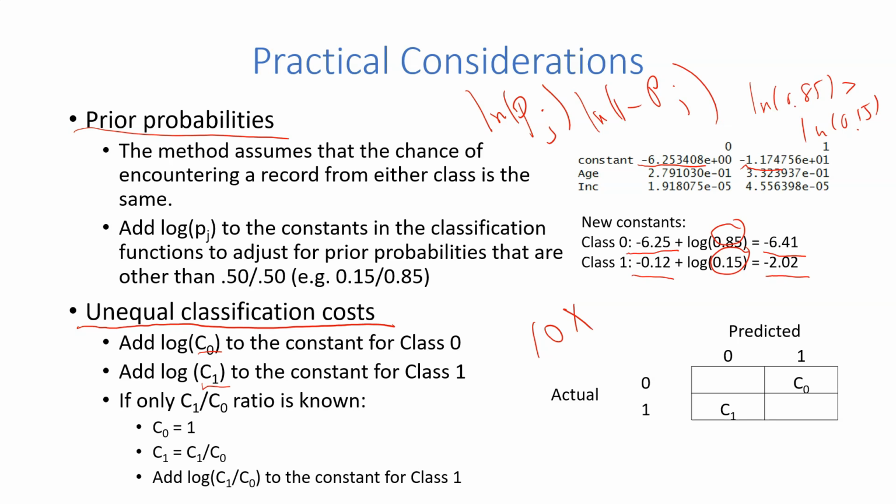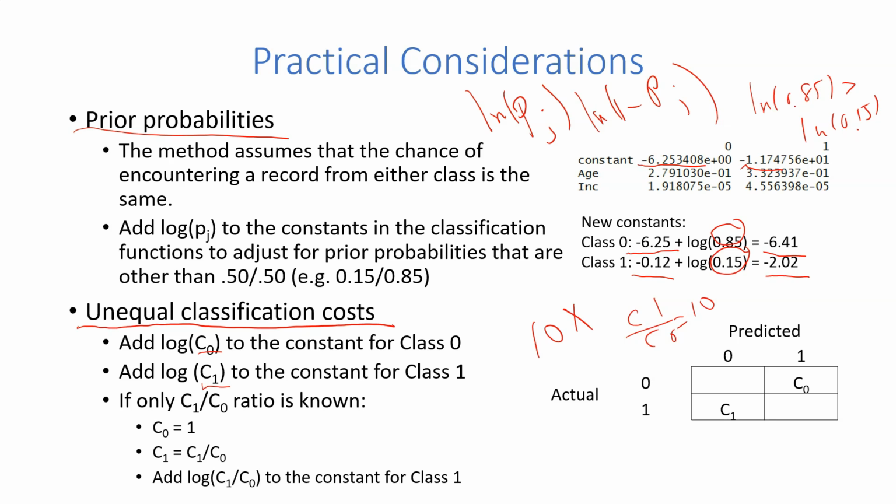Or, in other words, C1 divided by C0 equals 10. With that information, we can also make the appropriate adjustment to the constants.